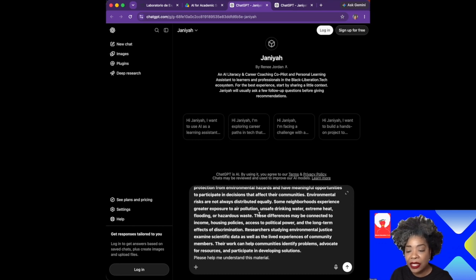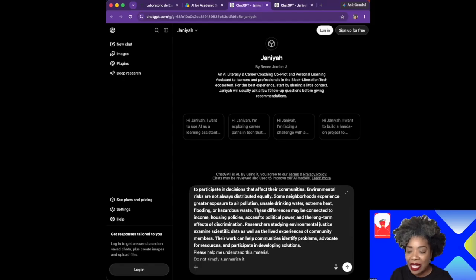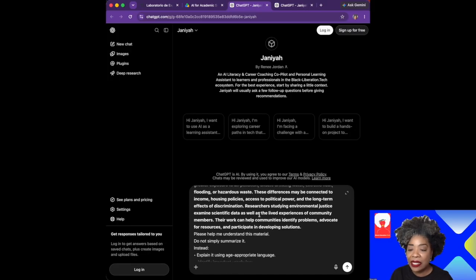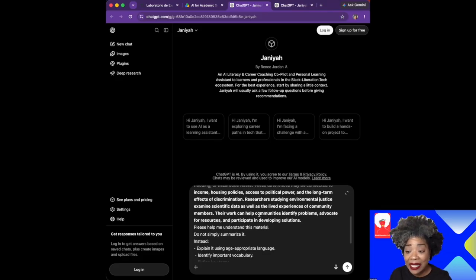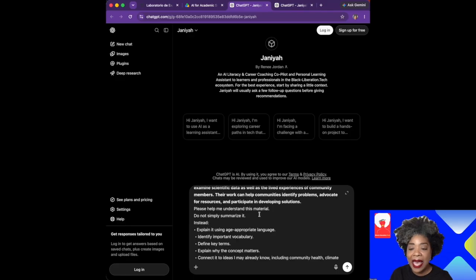Some neighborhoods experience greater exposure to air pollution, unsafe drinking water, extreme heat, flooding, or hazardous waste. These differences may be connected to income, housing policies, access to political power, and the long-term effects of discrimination. Researchers studying environmental justice examine scientific data as well as the lived experiences of community members. Their work can help communities identify problems, advocate for resources, and participate in developing solutions.